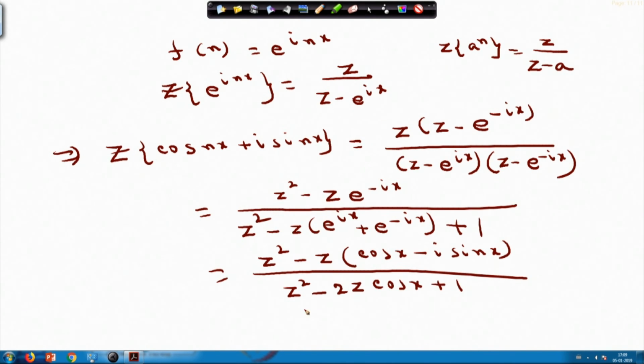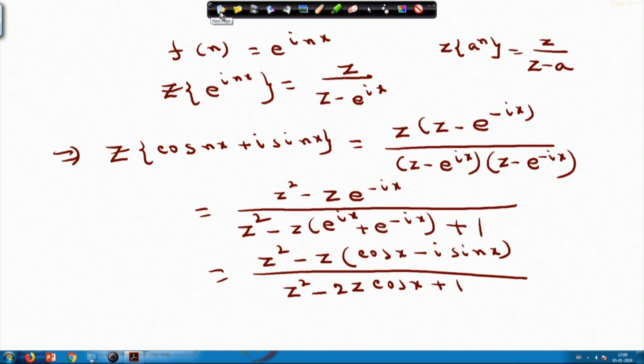So now you see z transform of cos n x plus i sin n x equals z square minus z into cos x minus i sin x divided by z square minus twice z cos x plus 1. So now I can simply separate the real part and the imaginary part.